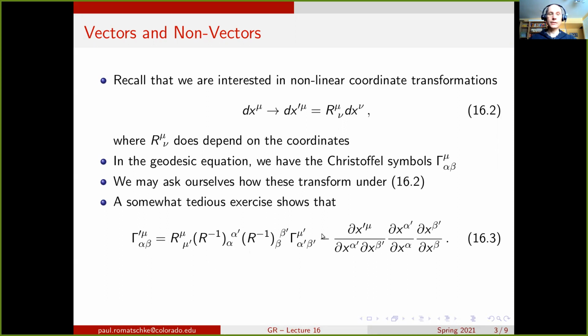If you had only this piece, gamma mu alpha beta would be a tensor under coordinate transformations. However, we have a second piece here, that involves the derivatives of the primed coordinates with respect to the unprimed coordinates. Because of the second piece, we find that gamma does not transform as a tensor under general coordinate transformations.